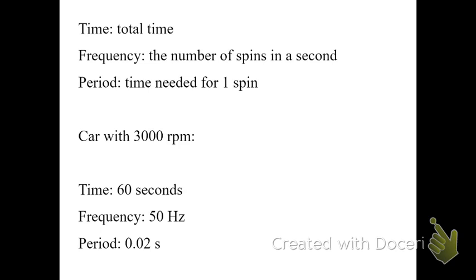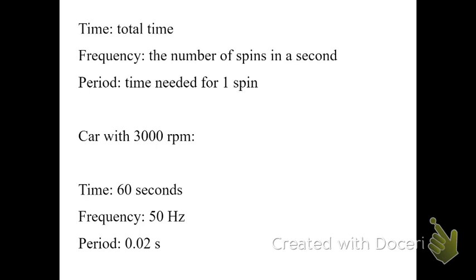So here, when we talk about time, it's going to be the total time. We know frequency is the number of spins in a second. So when we're talking about a circular fashion, it's always going to be how many times the object is rotating or spinning or oscillating. We talked about the word oscillating last time. And then the period is the time needed for one spin or rotation or cycle or oscillation.